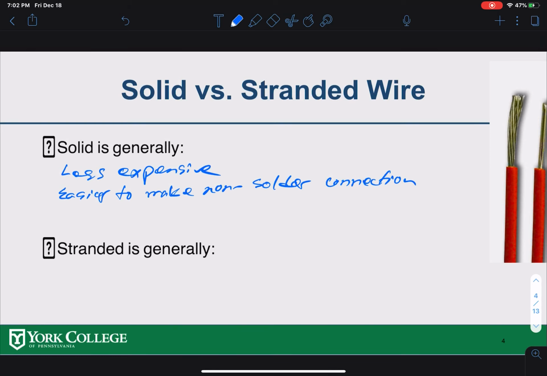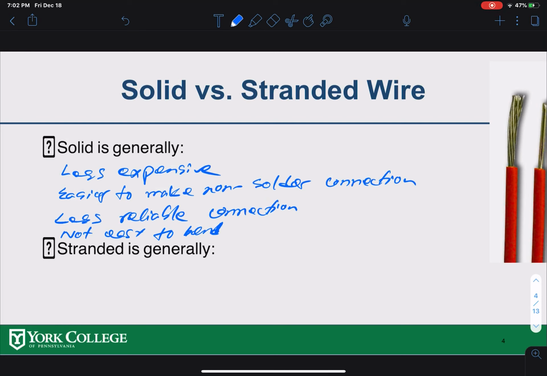Right? And also solid is a less reliable connection, because if you break it, it breaks, there's no other strand to hold on to. Also, if it's a little bit thicker wire, it's not easy to bend. So these are the things of the solid wire.